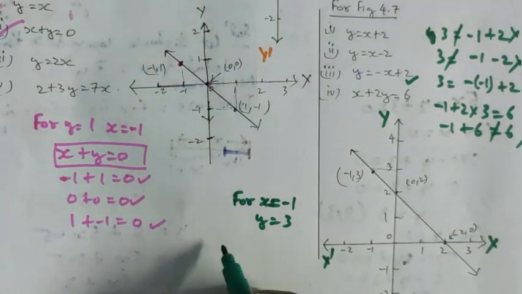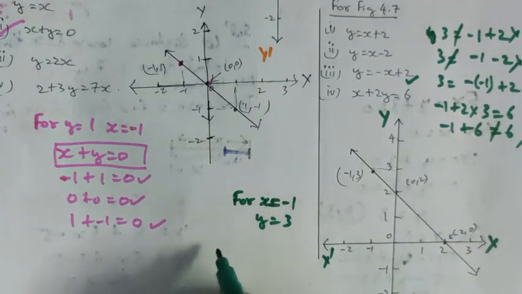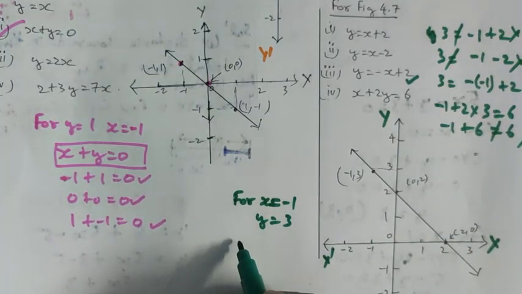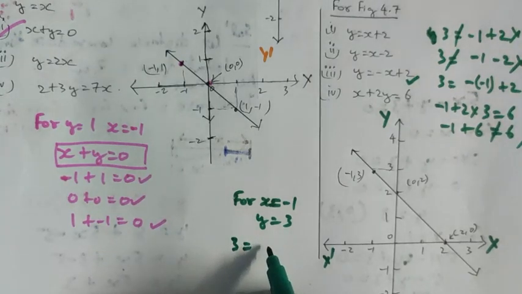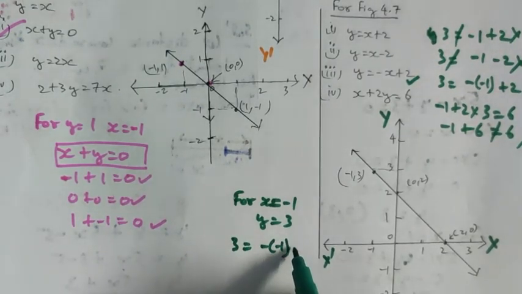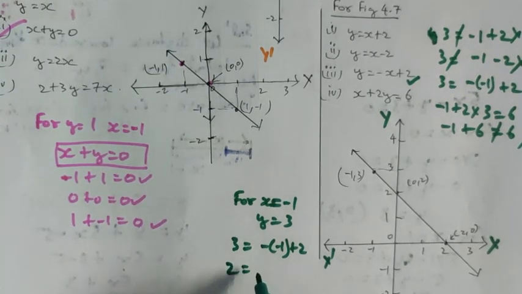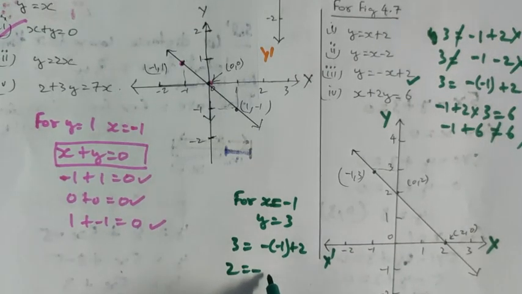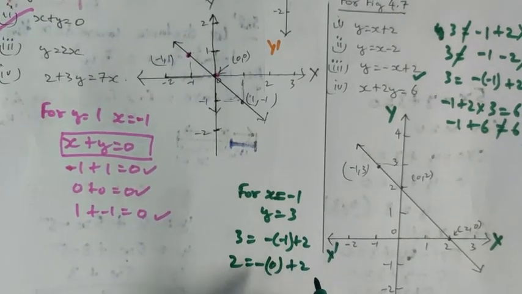For the coordinate (-1, 3), y is 3 equals minus of -1 plus 2. That is correct. Second, if we take (0, 2), 2 equals minus of 0 plus 2, so that is also correct.